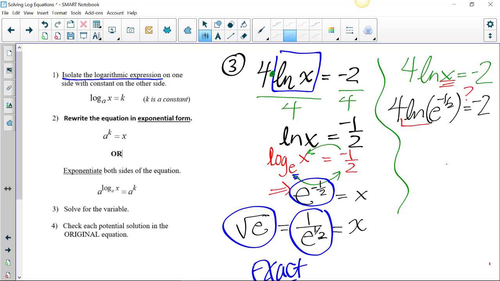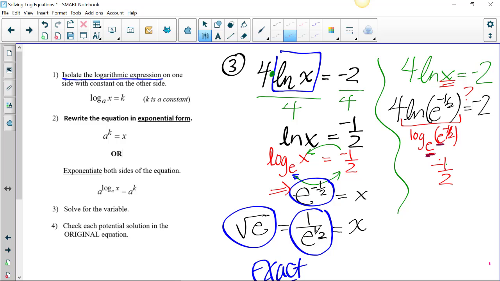Okay. When I do this logarithm, this is one of our inverse properties of logarithms. That's log base e of e to the negative 1/2. If you recall, a logarithm is an exponent. So we're saying, what's the exponent on base e that gives me e to the negative 1/2? Well, when these bases are the same, then your logarithm is just that exponent.